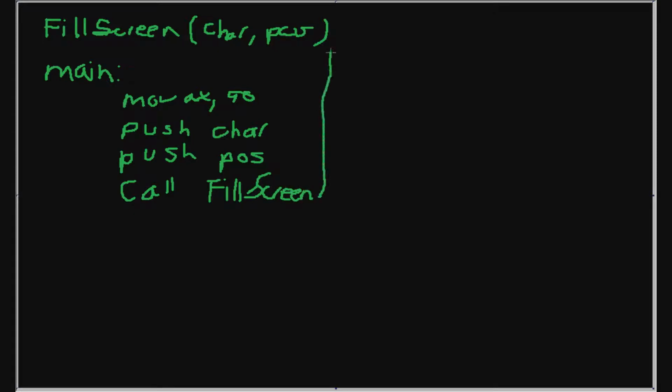And if FillScreen is located at address 0f0b0d, then we're now going to set our base pointer register, because we want to access our variables: move bp, sp.